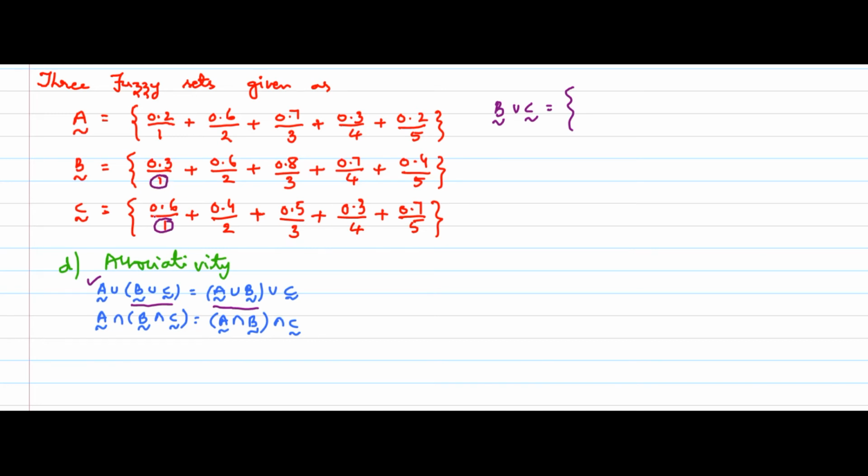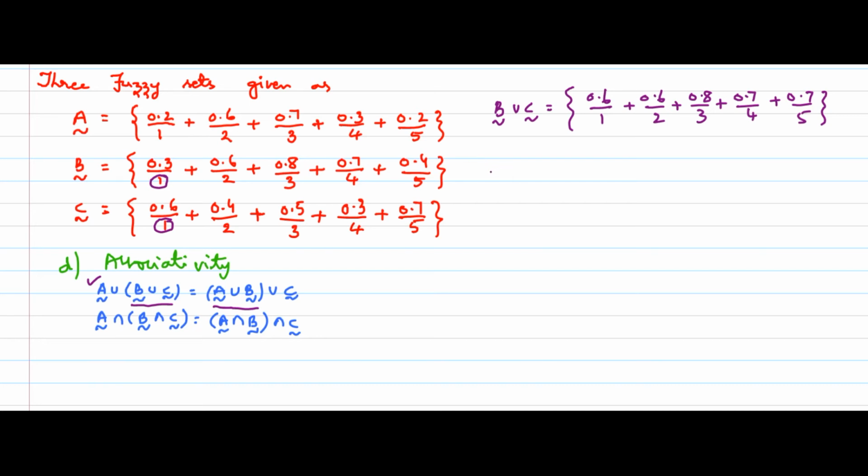Out of 0.3 and 0.6, 0.6 is the maximum. So it should be 0.6 divided by 1. Plus out of 0.6 and 0.4 for x equal to 2, 0.6 is the maximum. Next, out of 0.8 and 0.5, 0.8 is the maximum, and out of 0.7 and 0.4, 0.7 is the maximum, and out of 0.4 and 0.7, again 0.7 is the maximum. So this is the result for B union C.